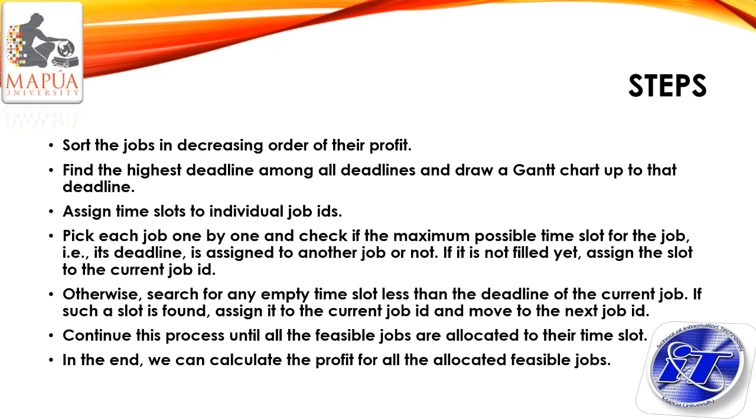So start with the highest profit, put it in the Gantt chart, then proceed to the next job, put it in the Gantt chart, and so on. But there are rules when we put it in a Gantt chart. Again, pick the maximum possible time slot for the job, going from the maximum profit to the minimum profit.